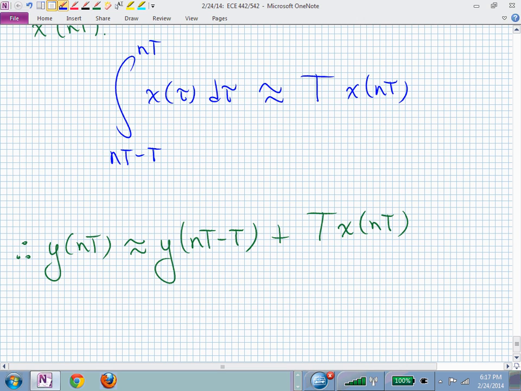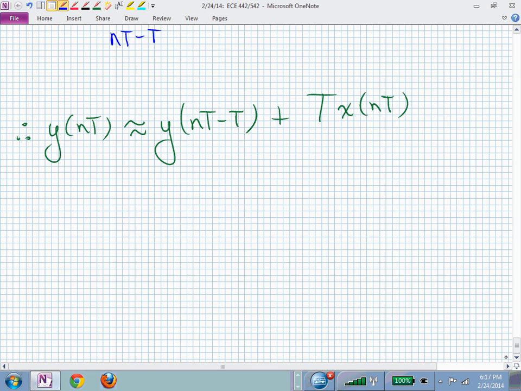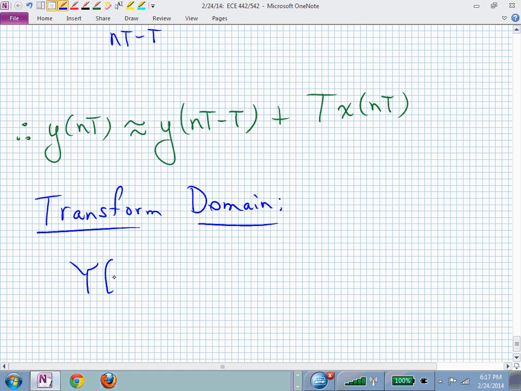And what did we do to get this relationship between s and z? Now we transformed that difference equation to give us y of z is equal to z to the minus 1, y of z, plus T x of z.